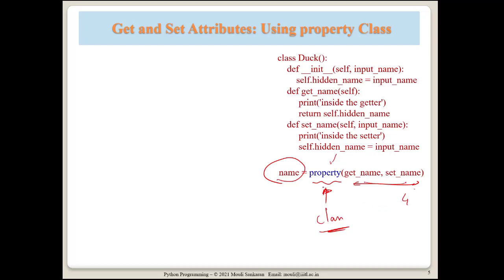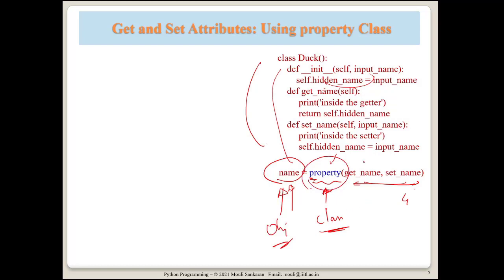Now what I am doing is defining a new property for this class, because this whole thing is within the class, even this definition, and I am naming it name. Now name has nothing to do with this particular hidden name, but it is actually going to be using it, and this itself is an object of type property, okay.